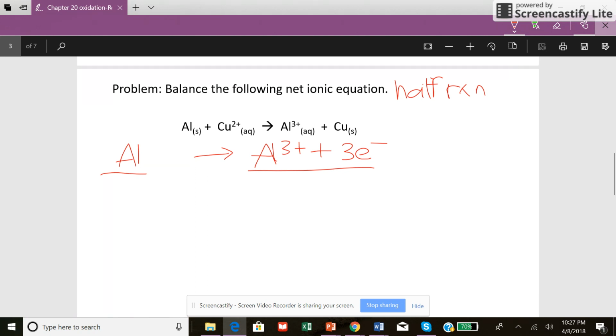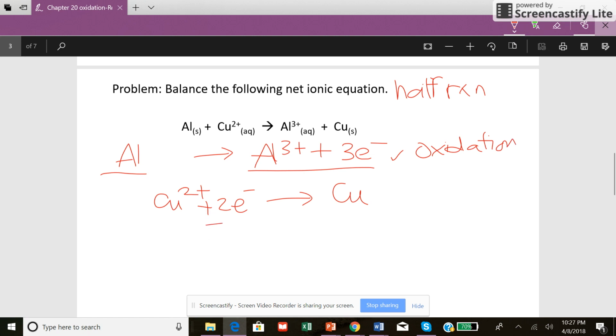Let's take a look at copper. Copper is 2 positive, and then it becomes copper metal. The mass is balanced, the charge is not. So you have to add 2 electrons over here, so the net charge on the left side is equal to 0, just like on the right side. Now, you can see that the aluminum one, because it gives out the electrons, is an oxidation reaction.